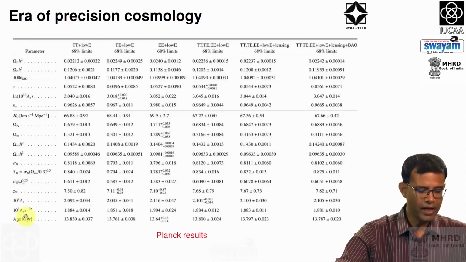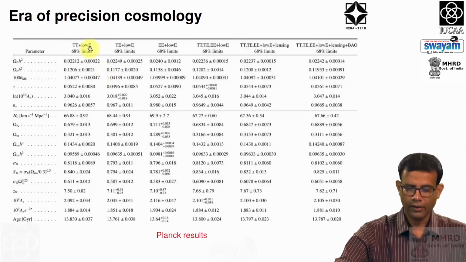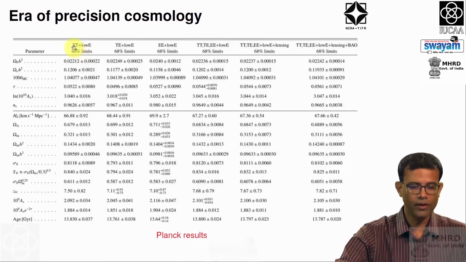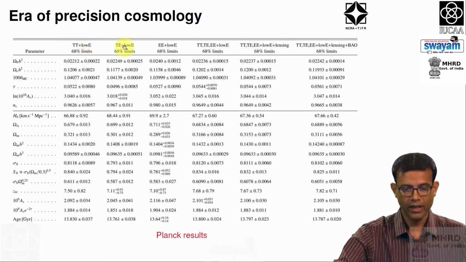This shows the parameters, and the various columns are the ways you have analyzed the data. For example, this one would say that you would have used the temperature data and E mode polarization data, but only the low L values, the large scale E mode polarization data, and so on.